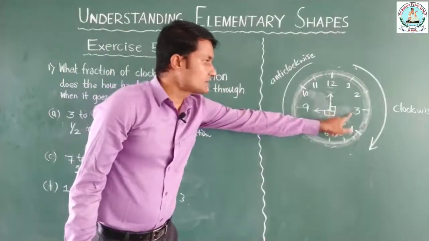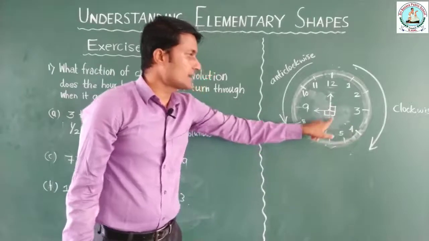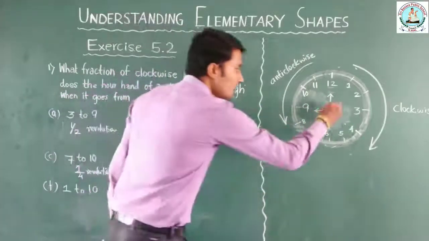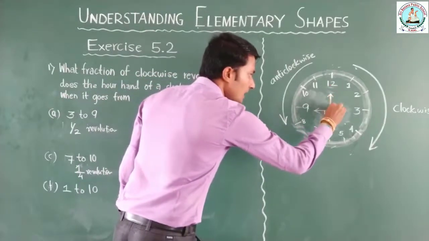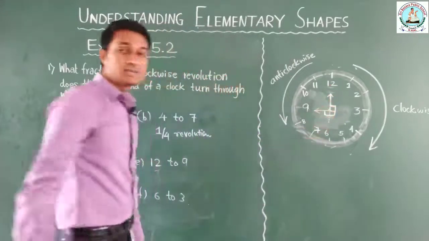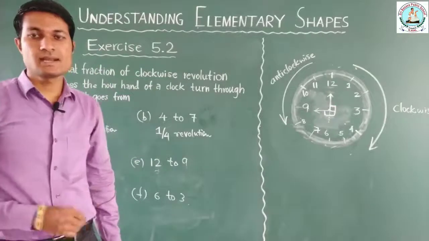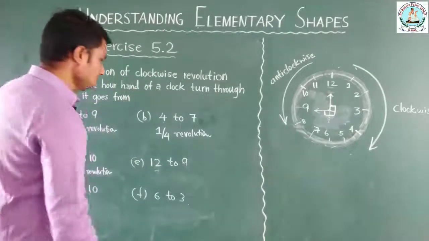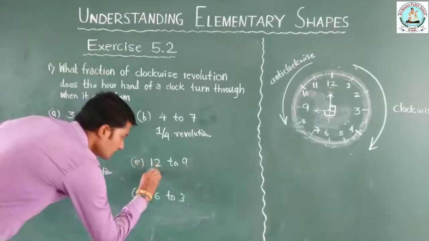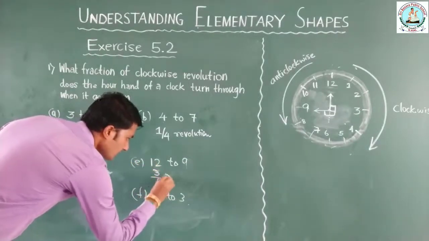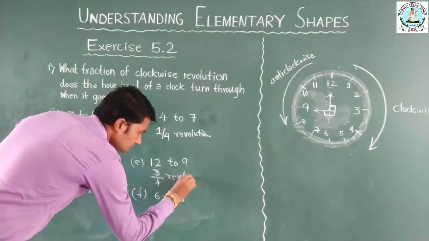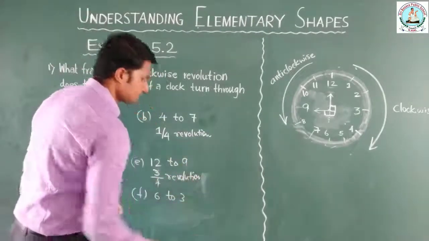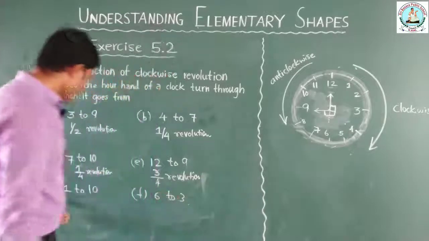From 12 to 3 the first right angle, from 3 to 6 another right angle, and from 6 to 9 another right angle. So from 12 to 9 it has covered 3 right angles. So 3 right angles means 3/4 of the revolution. So 12 to 9 is 3/4 of the revolution.